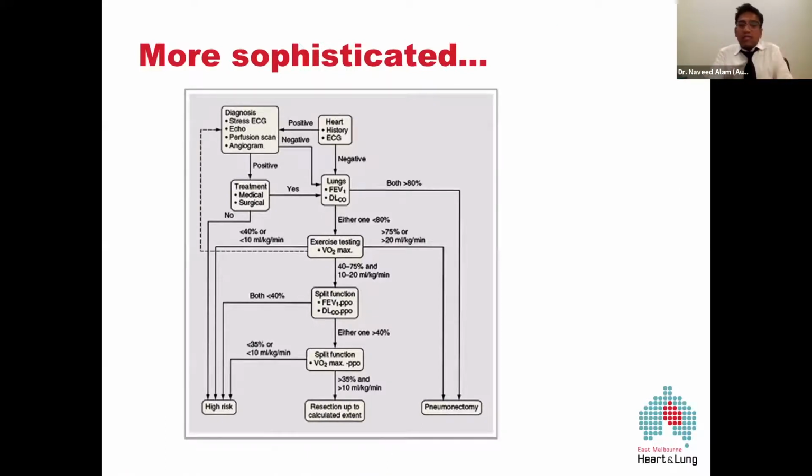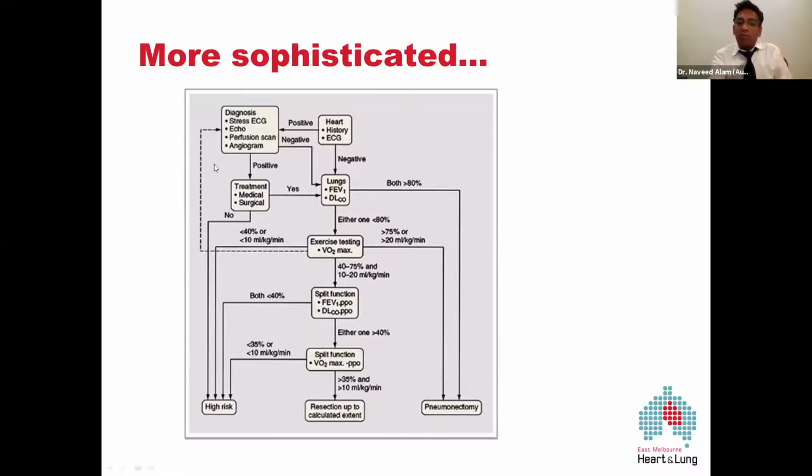And so here's just one example. And I'm not going to spend too much time on these flow charts because it's quite easy to access, but basically you want to have an idea of if they've got a cardiac history, then you want to probably assess their heart as well.